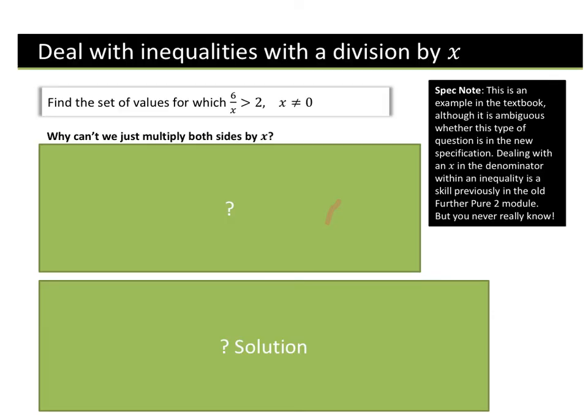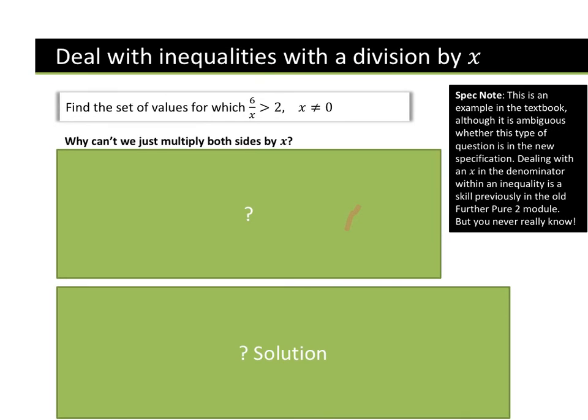Okay, so when we have an inequality that is a division by an x, we cannot just multiply x by both sides. It doesn't work like that because we're multiplying technically by an unknown function. Okay? And if you think about, for example, 6 over x equals 2, well then, this means 6 over x minus 2 equals 0.